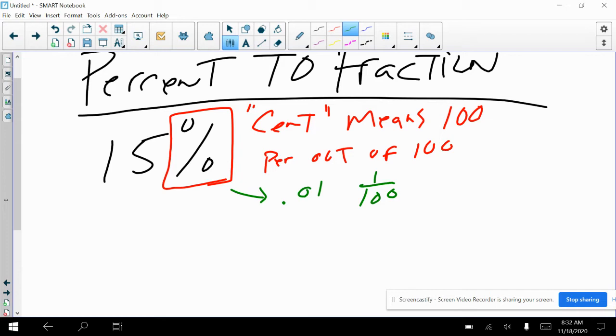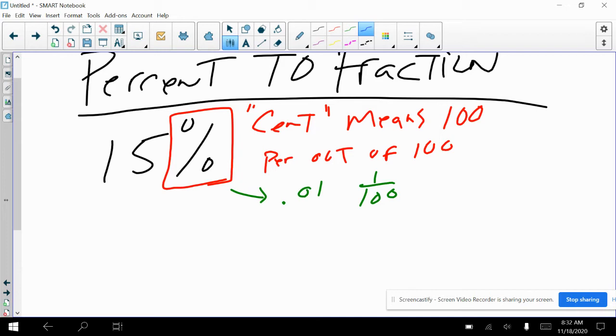Now, why is that important? I'll tell you why. So if we're changing a percent to a fraction, you can think of this as two different ways, and in different situations, what I'm about to show you will work.